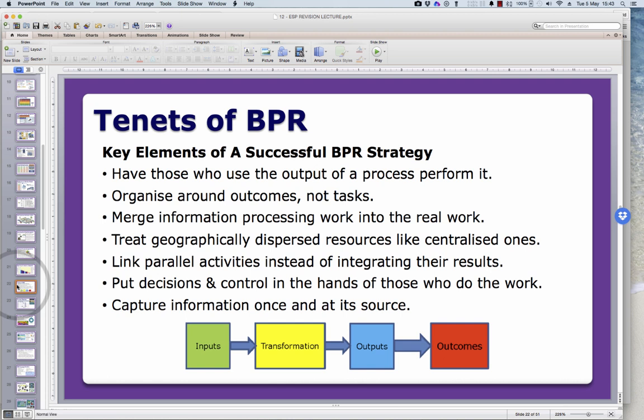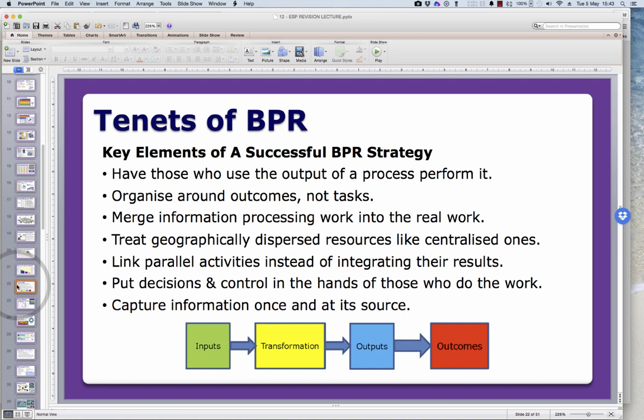Merge the information processing work into the real work. So get the people who are actually doing the work to also be managing the decision making to a certain extent. The administration, not have a separate department for that. Treat geographically dispersed resources like centralised ones. Well, with ERP, that's one of the things that you're trying to do, centralise data and centralise the way things work.